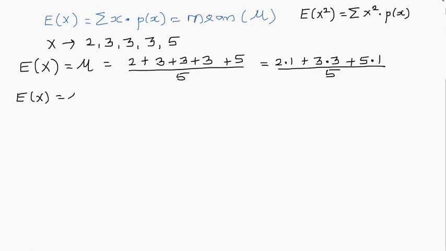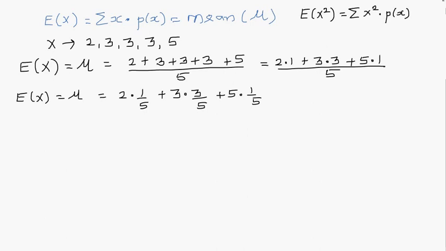So we can say the expected value of x, which is mu, is 2 times 1/5 plus 3 times 3/5 plus 5 times 1/5. Now if you look at this data, 2 is happening 1 time.